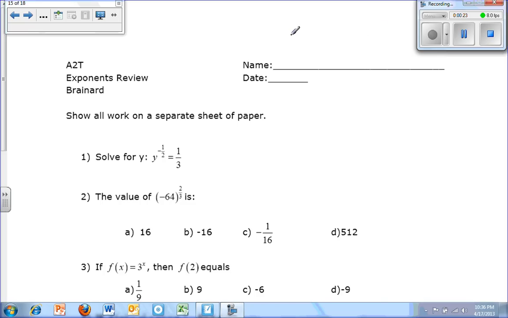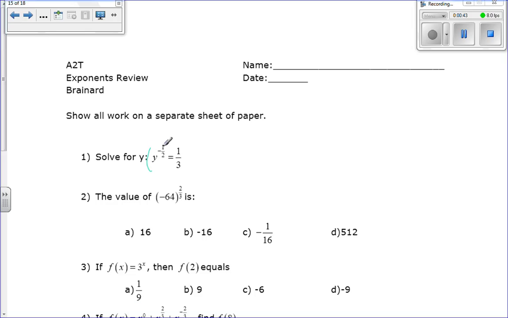So, for the first problem, let's see here. Solve for y. I have y as my base, so I need to raise my number to the negative reciprocal, or the reciprocal, which is negative 2 here.